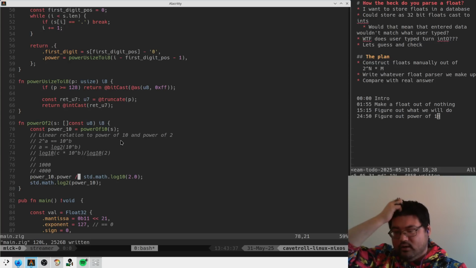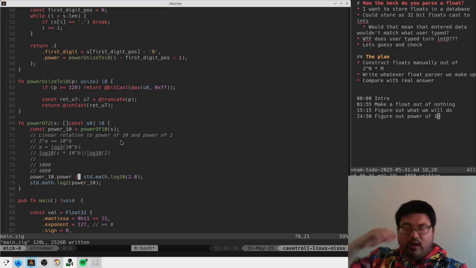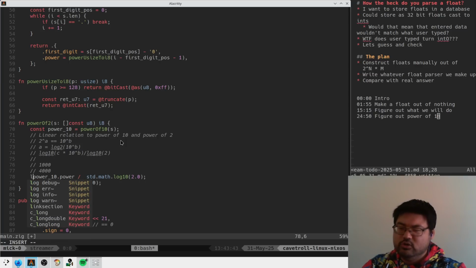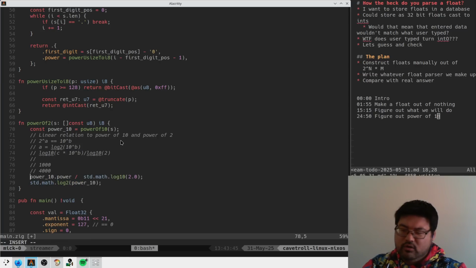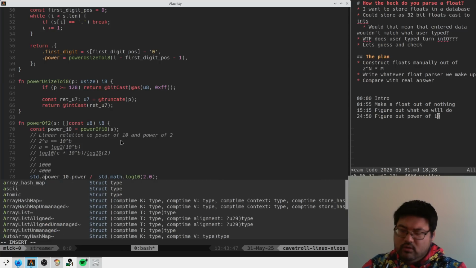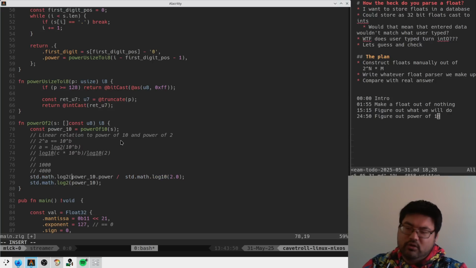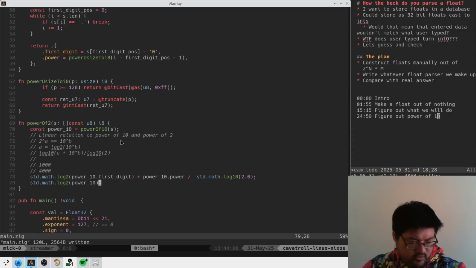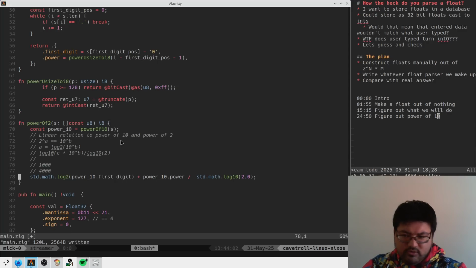And then add the log 2 of the multiplier. I think. That sounds kind of right.